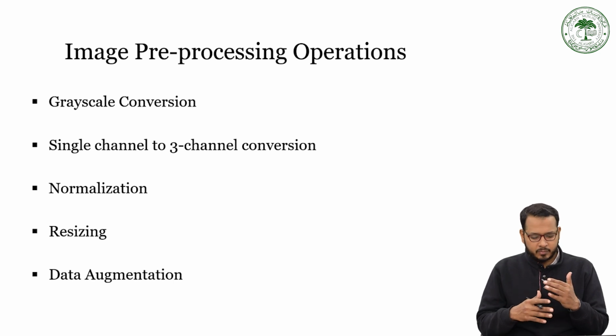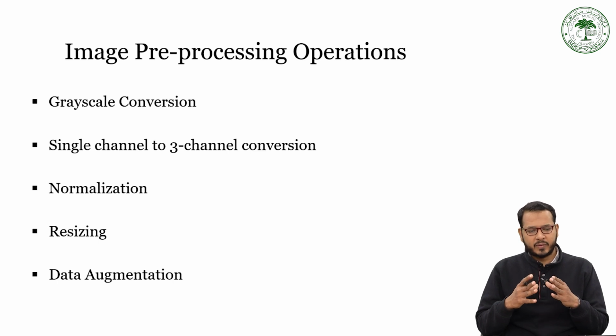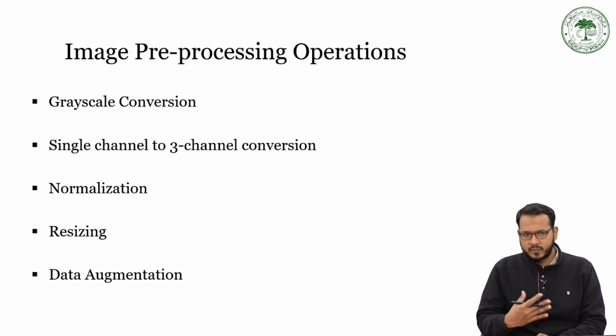So we need to convert those images into an appropriate form, so that when this input data set of images goes into the models, it improves the performance of the model, and it might reduce the complexity that is required to train the model. For that, we use these commonly used pre-processing steps. Let's discuss each one of them one by one.